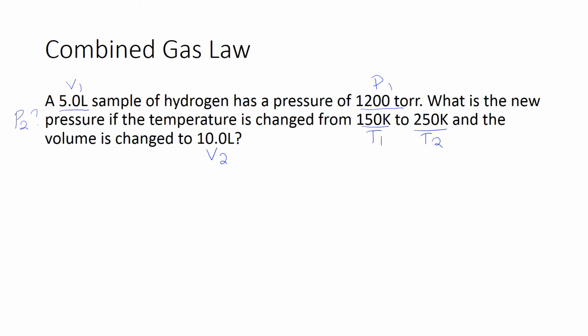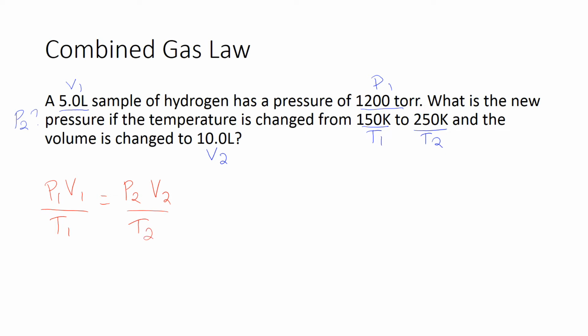So now that I'm looking at the problem, I can see that I have an initial and a final pressure I'm looking for, initial and final volume, initial and final temperature. So that should, in your mind, signal you to use the combined gas law, which is P1 V1 divided by T1 equals P2 V2 over T2.